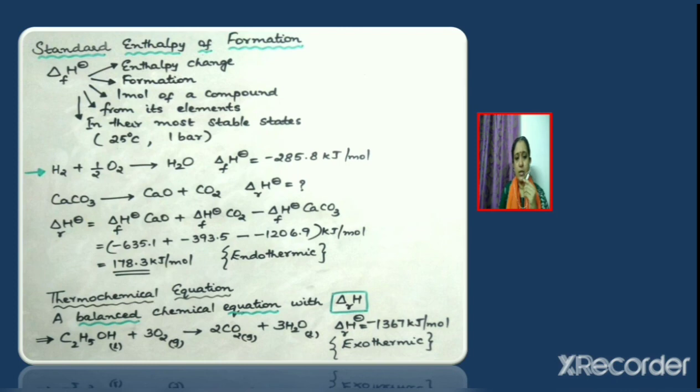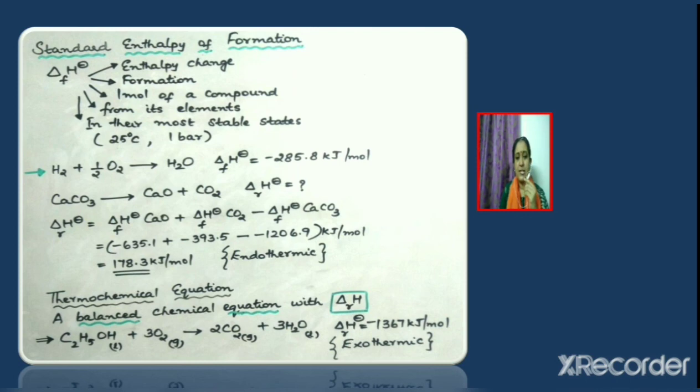Next, consider the equation for decomposition of calcium carbonate to calcium oxide and carbon dioxide. How can we calculate the standard enthalpy of reaction? We know that standard enthalpy of reaction is given as sum of the enthalpies of the products minus sum of the enthalpies of the reactants. So here standard enthalpy of reaction will be equal to standard enthalpy of formation of calcium oxide plus standard enthalpy of formation of carbon dioxide minus standard enthalpy of formation of calcium carbonate.